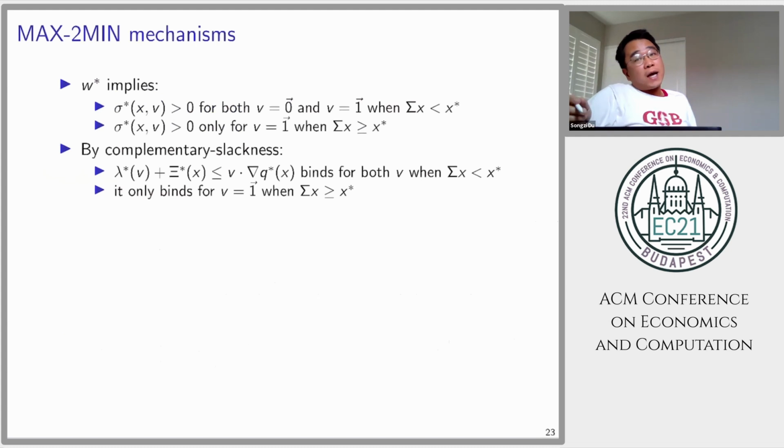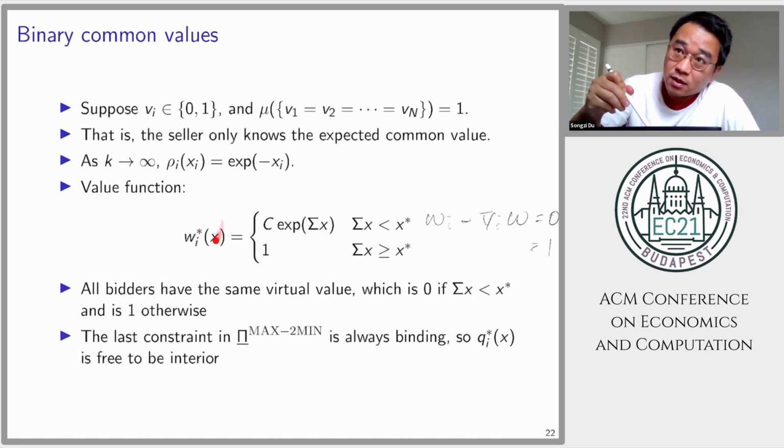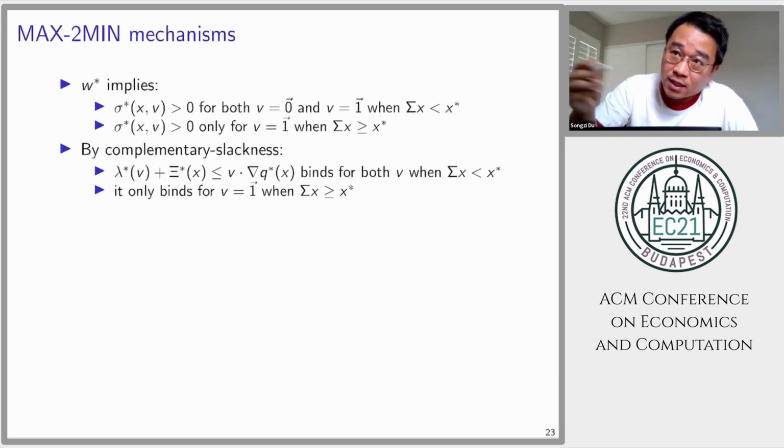Okay, and then likewise, right, we can do the similar analysis for sigma, right? So remember, according to this conjecture of the interim expected value, it is interior, right?